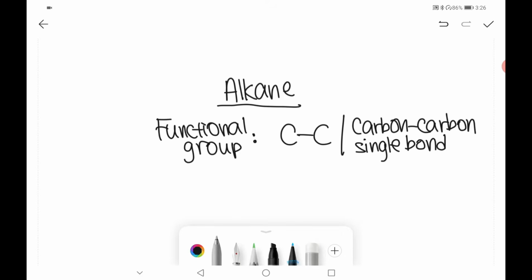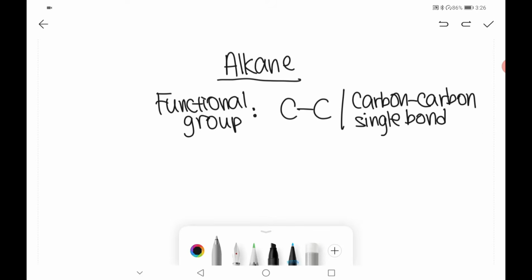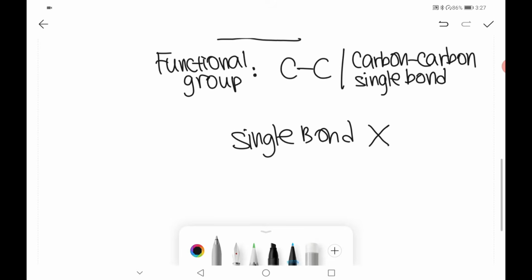You must mention that the single bond is between carbon. Many students, when the question asks what the functional group of alkane is, only write single bond. That is wrong. You cannot only write single bond because there are many types of single bond.